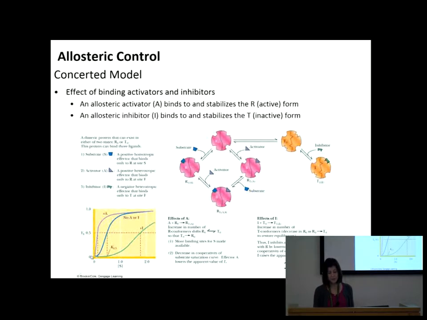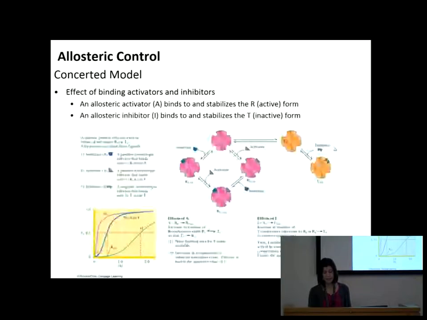An inhibitor increases the amount of taut or hard binding. An activator increases the amount of relaxed or easy binding by removing it from that equilibrium. And an inhibitor increases the amount of taut or hard binding by removing it from that equilibrium.